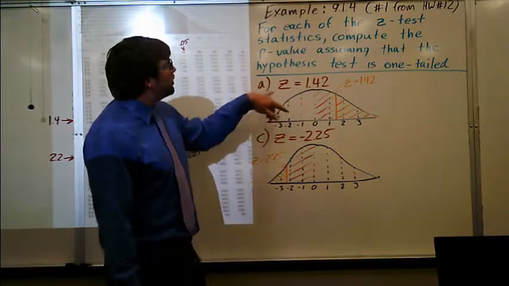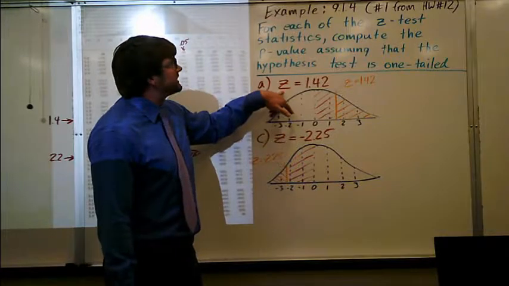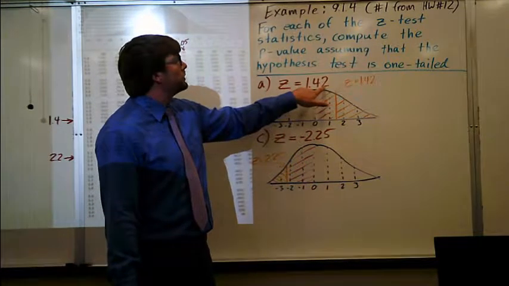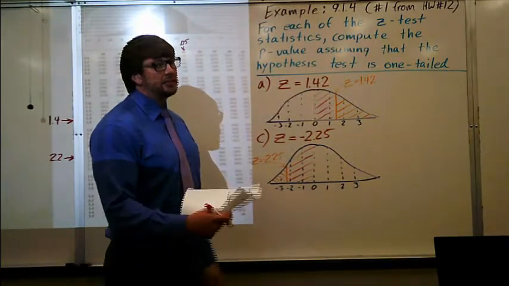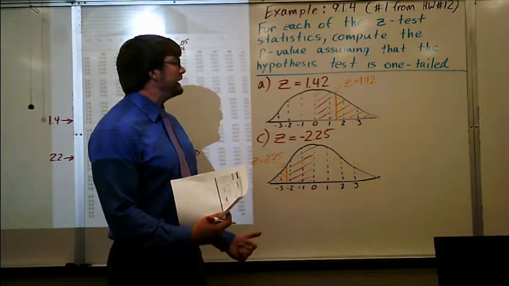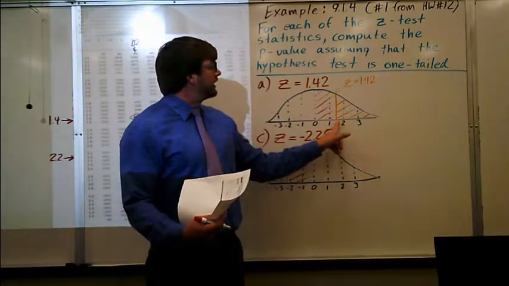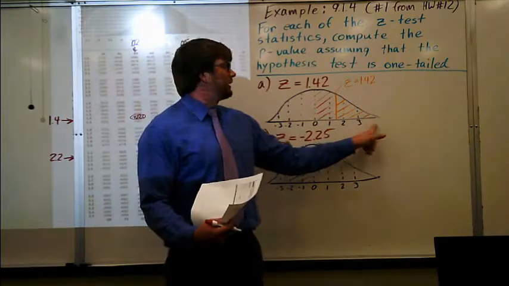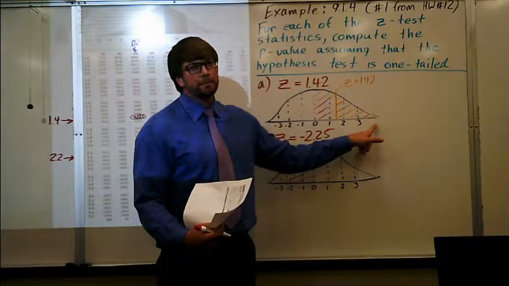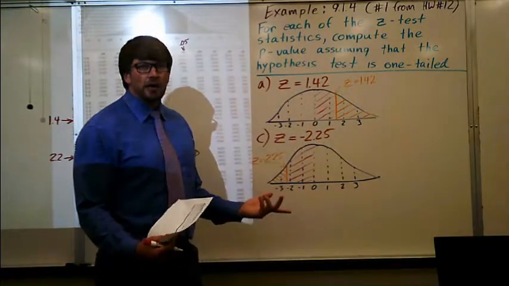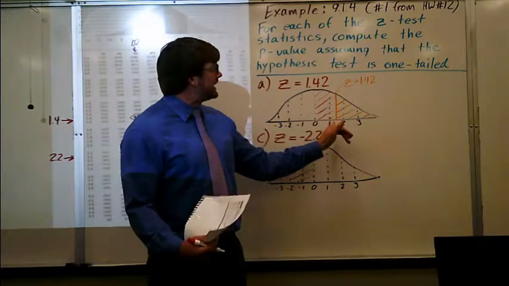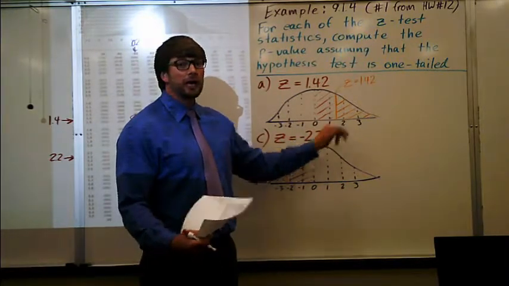So, for example, part A, our z-test statistic is 1.42. In that case, we just want to figure out the probability of getting a z-value that is greater than 1.42. And of course, that correlates with the area to the right of a z-value of 1.42.